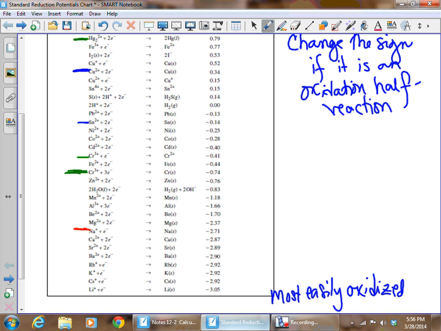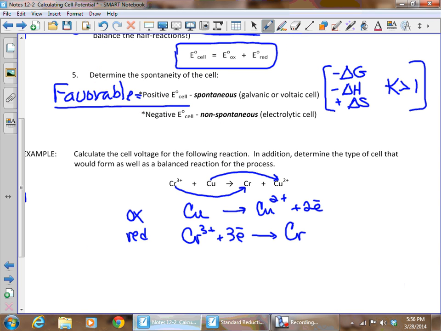It says that copper is 0.34. But remember, that's 0.34 when it's being reduced. So don't forget that since this is the oxidation half reaction, it's going to be a positive 0.34 for its potential.